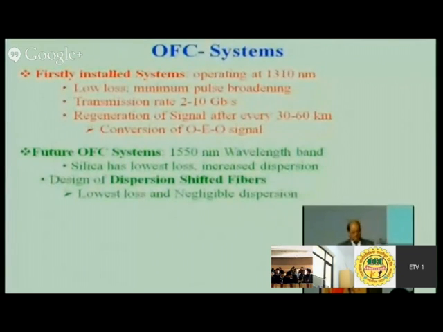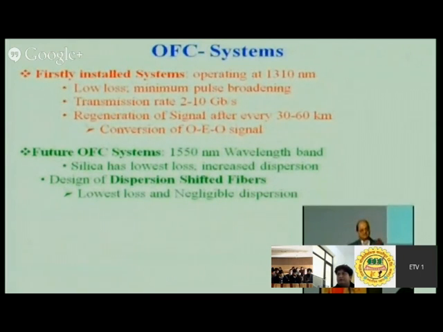But it is not so in science or in engineering. Whenever we have any problem, if we know the problem, we have the solution. We can design an optical fiber which we call the dispersion shifted fiber. Dispersion shifted fiber has lowest loss and lowest dispersion.